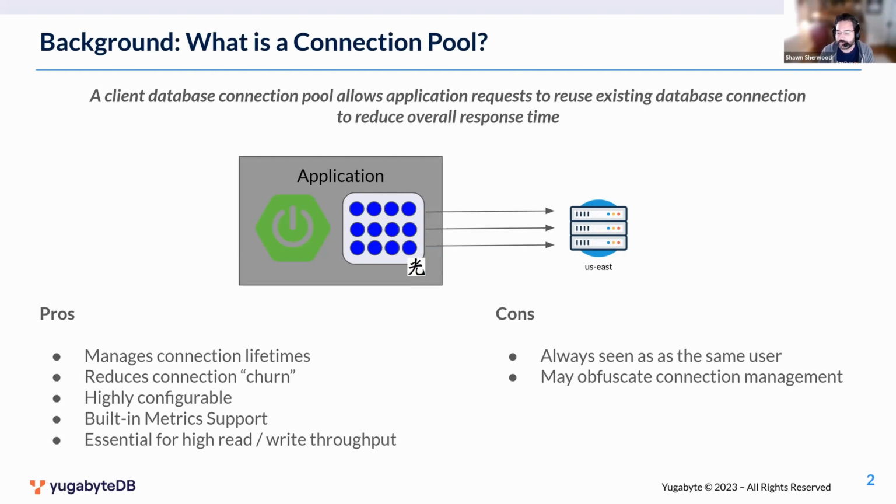The other one, which I'm kind of half and half on, is that it can obfuscate what's really happening under the hood with connection management for an application developer. But as long as you're using a popular solution like Hikari, there's enough documentation, debugging, and logging that you can generally figure things out. So that's about it from a background perspective.